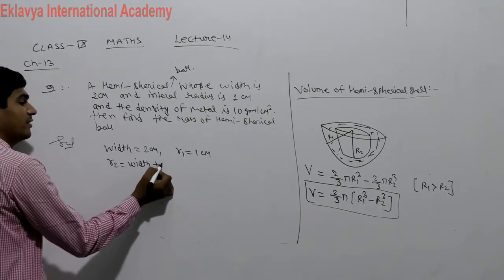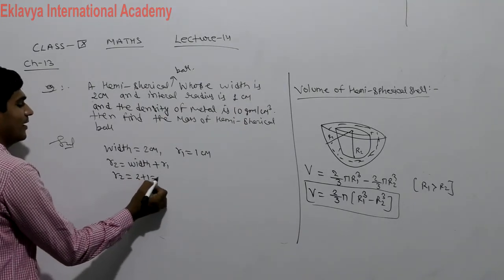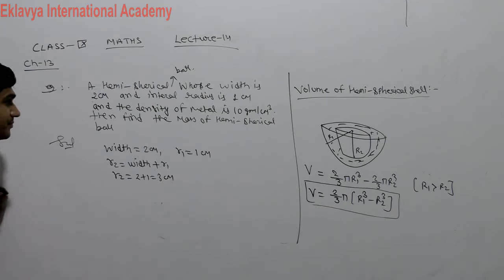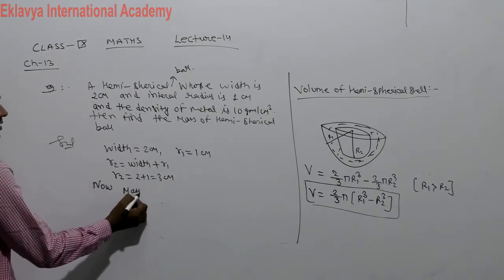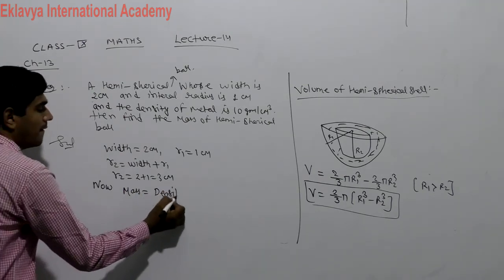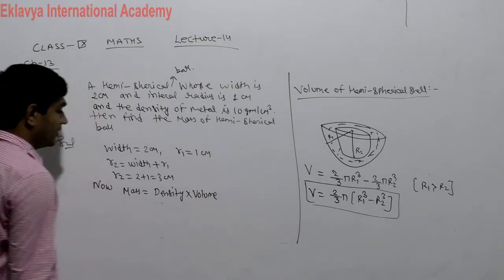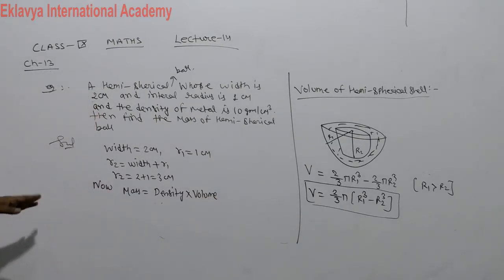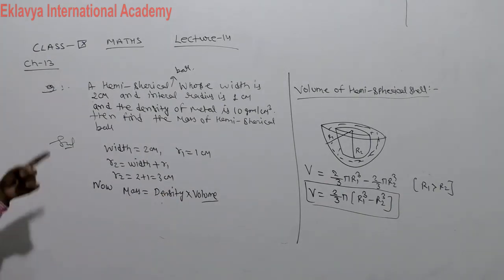External radius is width plus r1, so r2 is equal to 2 plus 1, that is 3 centimeter. Now we know that mass is equal to density multiplied by the volume. If density is multiplied by the volume, then we will get mass. So firstly we will calculate here the volume.